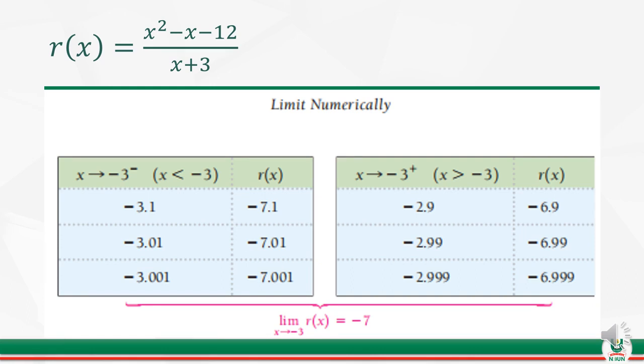That is, the limit of r of s is equal to minus 7 as s tends to this approach. That's why, when the function doesn't exist, it doesn't mean we cannot have a limit. We can have a limit, and we can provide the answer numerically or graphically.